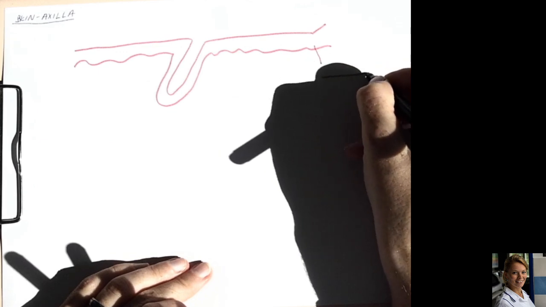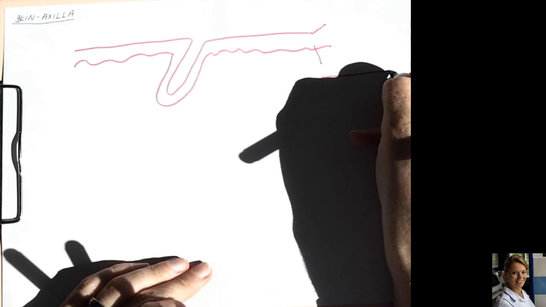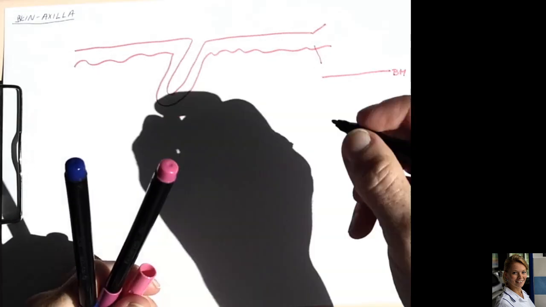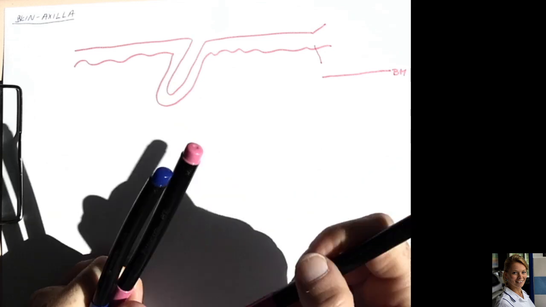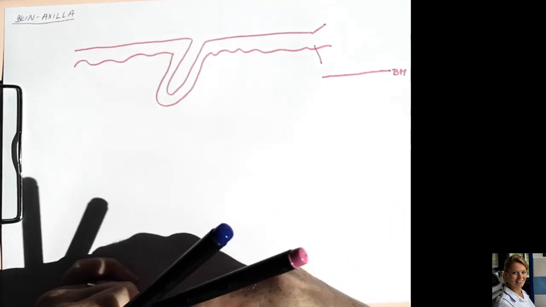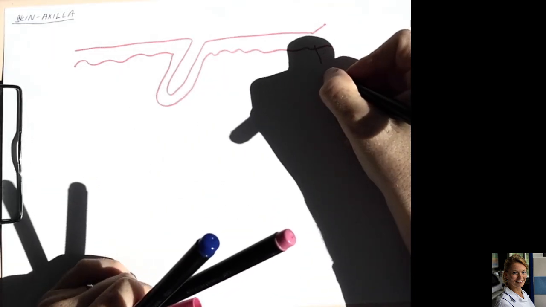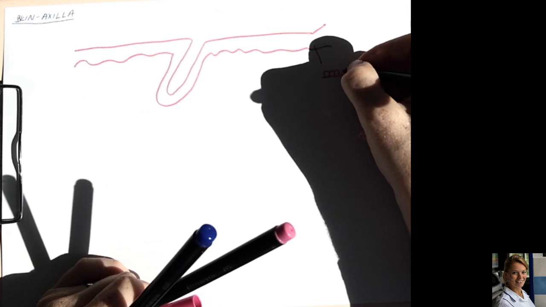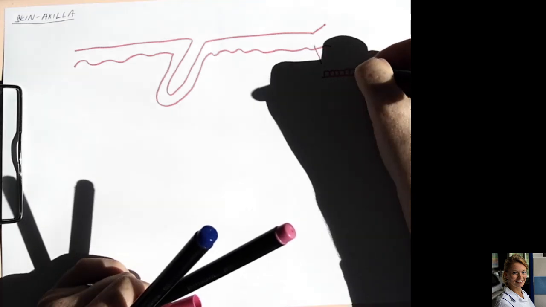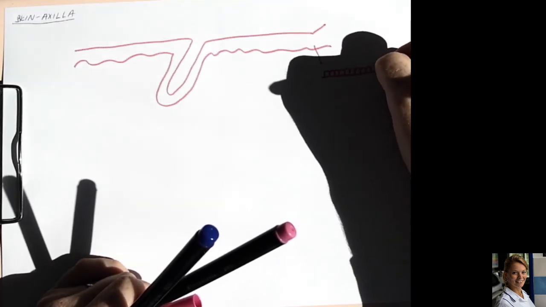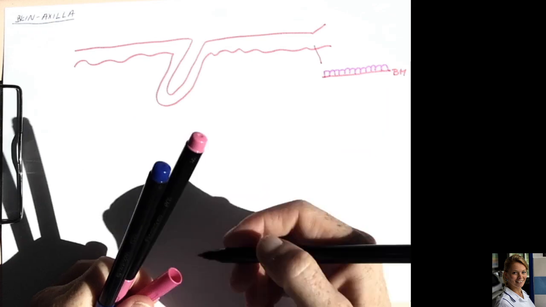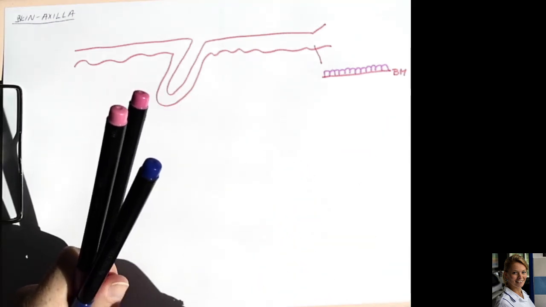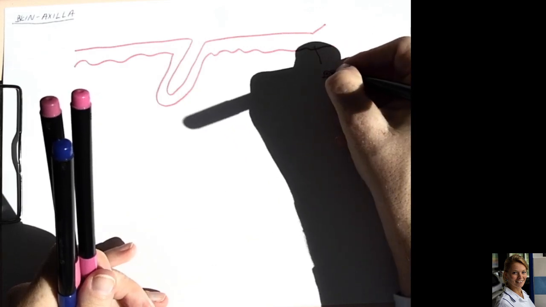The first layer, which is connected to the basement membrane with hemidesmosomes, is stratum basale, the basal cell layer, which consists of one row of cuboidal cells, keratinocytes with spheric nuclei.